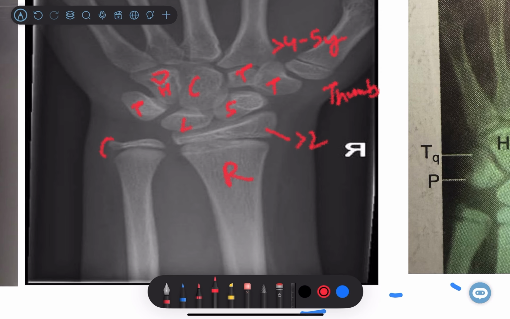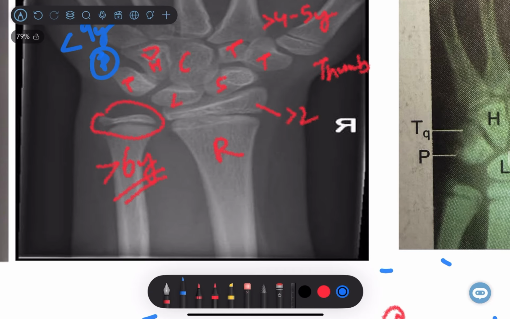Then the lower end of ulna has also appeared. It means age is more than 6 years. But we can see that the ossification center of the pisiform bone has not appeared yet, so it is less than 9 years. So we can say that the age of this X-ray is 6 to 9 years.